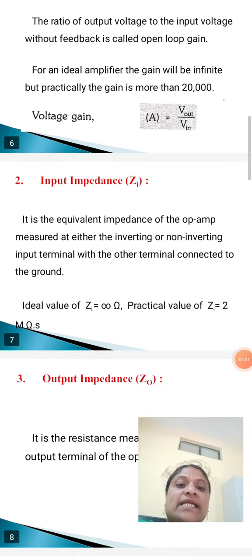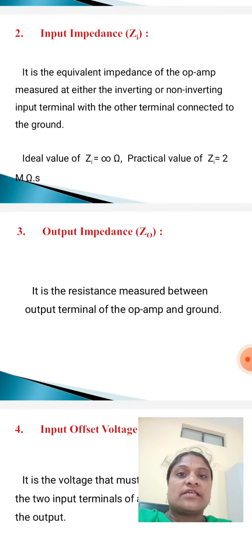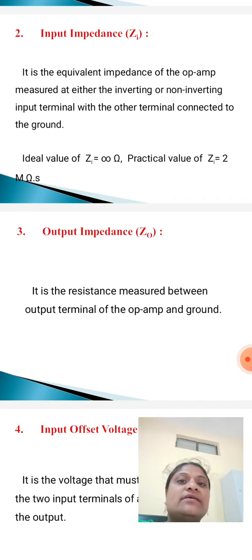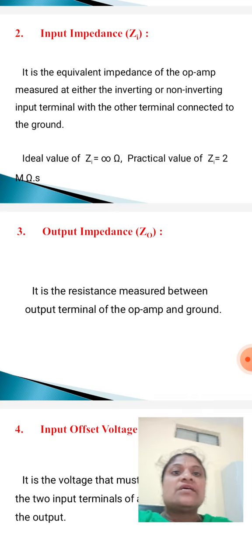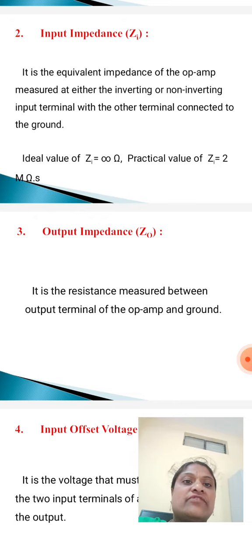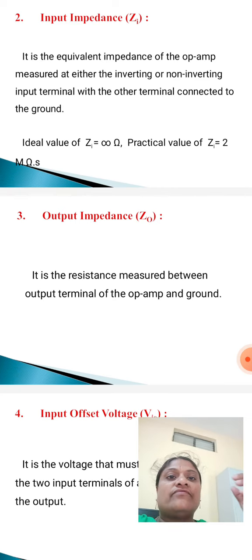Okay. And the second important characteristic of IC 741 operational amplifier is input impedance. It is denoted by Zi. So what is the definition or purpose of this specification of input impedance? It is the equivalent impedance of the operational amplifier measured at either the inverting or non-inverting input terminal with the other terminal connected to the ground.